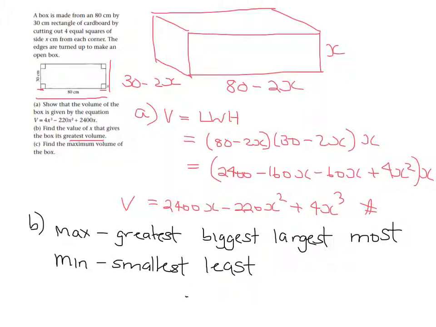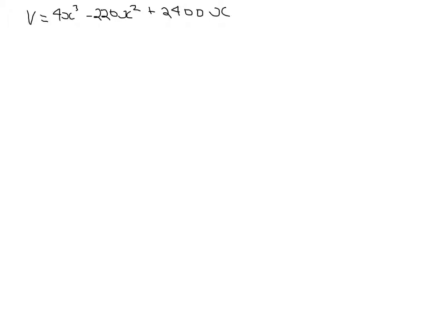Okay, so on the next page we're going to derive it to find the stationary point. So if we derive that, v dash is 12x squared minus 440x plus 2400. And let v dash equal 0 to find the stationary points.